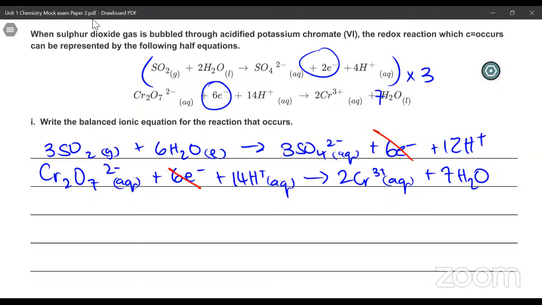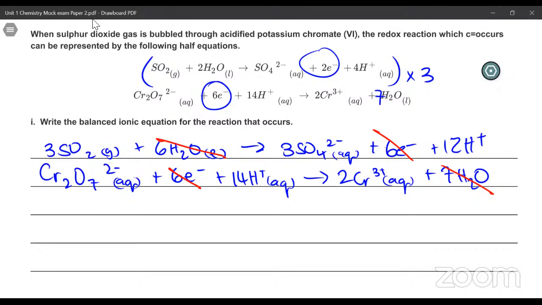There aren't any SO2s down at the bottom, so that's fine. However, there are H2Os, but there's 6 up here and 7 down here. The 6 waters up here will cancel only 6 of the waters down at the bottom, so you'd be left with 1 H2O.